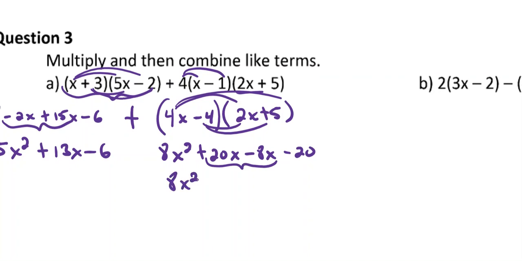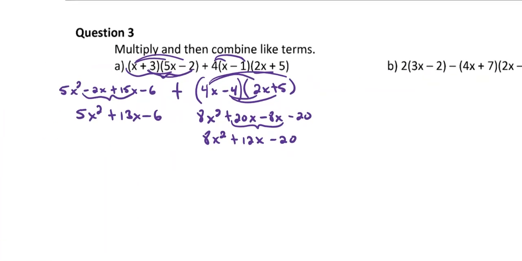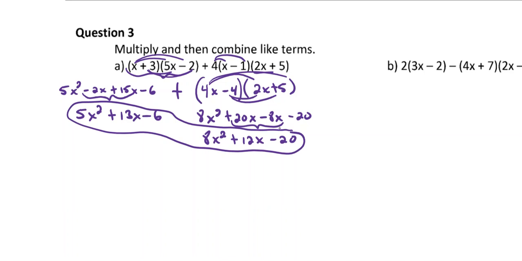So now we've got 8x squared, and then 20 minus 8 is going to be 12x, and then minus 20. So that's kind of it. We did the two of them, but just to keep track, it was all of this that we had left, and we were adding these. It was a little off kilter there, but that's the idea.